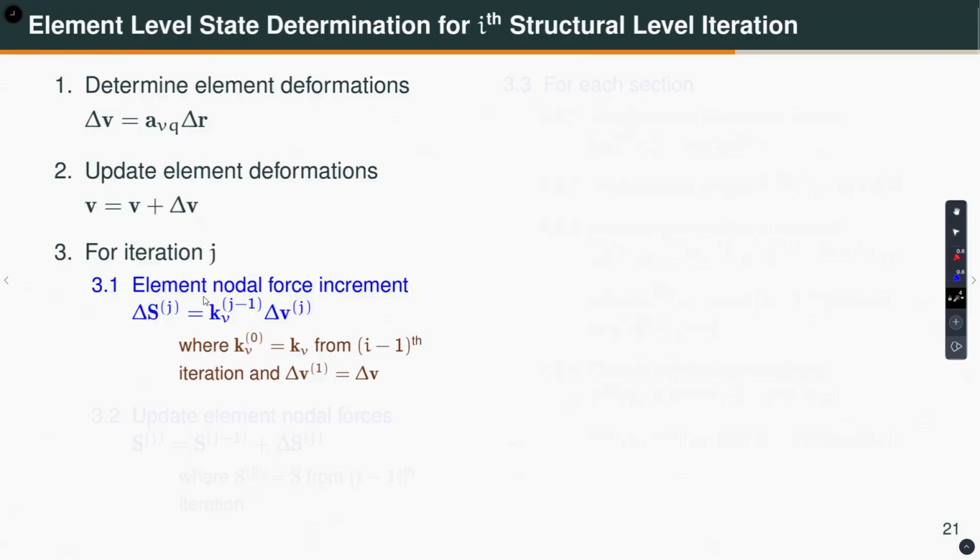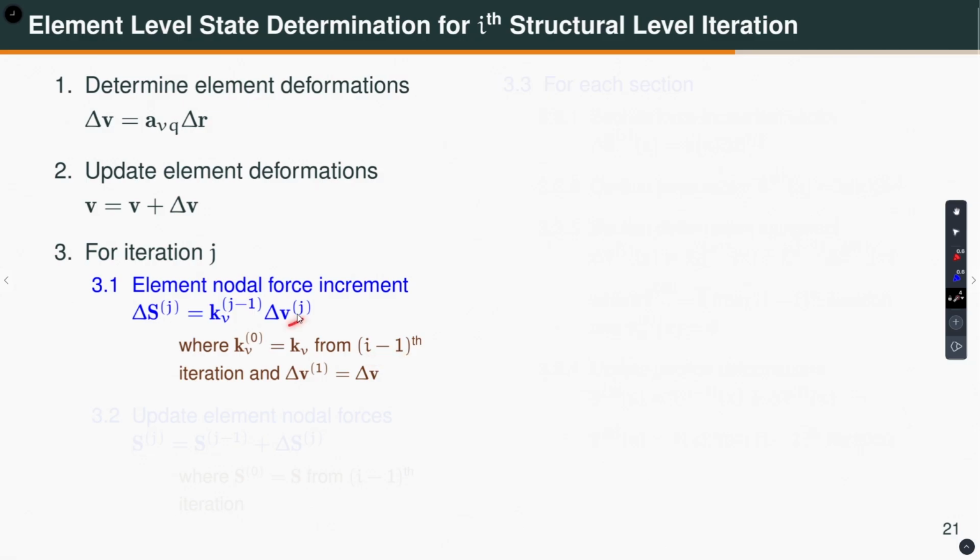So, the element nodal force increment, which is delta S for the jth iteration, is equal to the element tangent stiffness matrix multiplied by the element incremental deformation vector. When you start, J is equal to 1, then this KV0 is KV from the previous global iteration, that is I minus 1th.